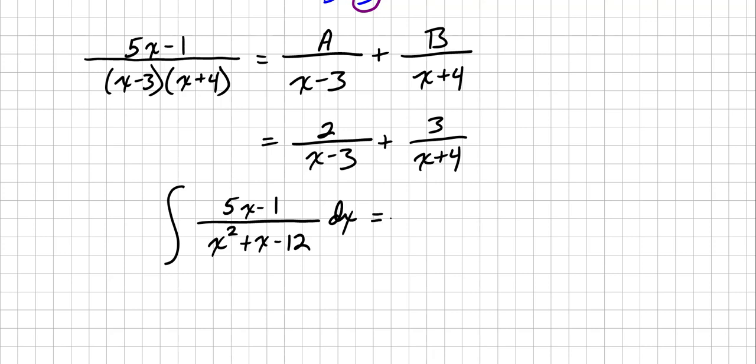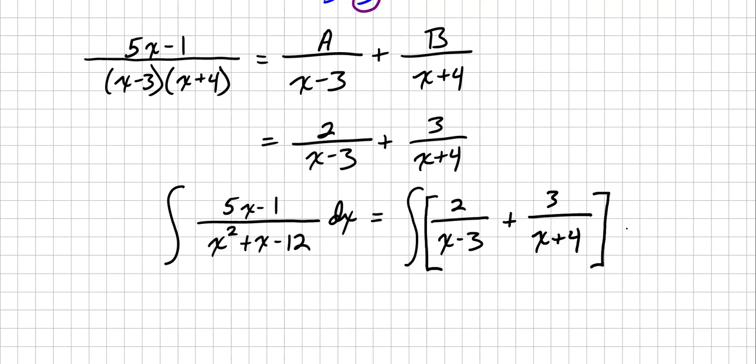Using my partial fraction decomposition, I can rewrite the integral as 2 over (x - 3) plus 3 over (x + 4), and then I can separate the integrand into two separate integrals. I can use a natural logarithm when I integrate this, and I've used a partial fraction decomposition of non-repeated linear terms.